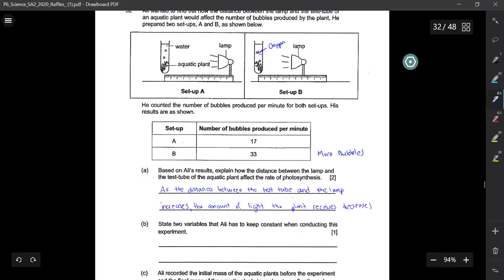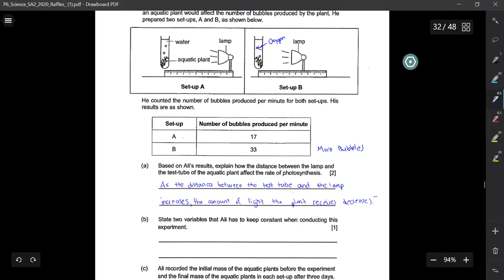That would make sense because there's lesser light when you put it further away because light intensity is decreased. And then what after, right, is the rate of photosynthesis decreases, producing less bubbles.